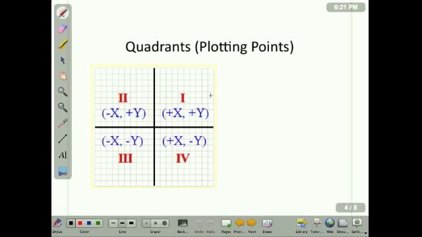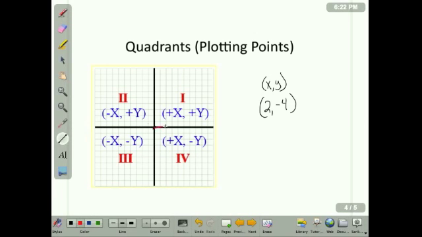When we're talking about plotting points, we always want to list our points in parentheses as x, comma, y. What that means is that if I was going to go 2, negative 4, I would start at 0, 0, and from 0, 0, I would move 2 digits to the right.